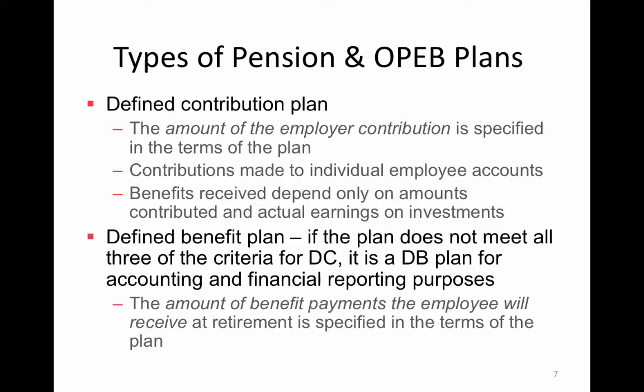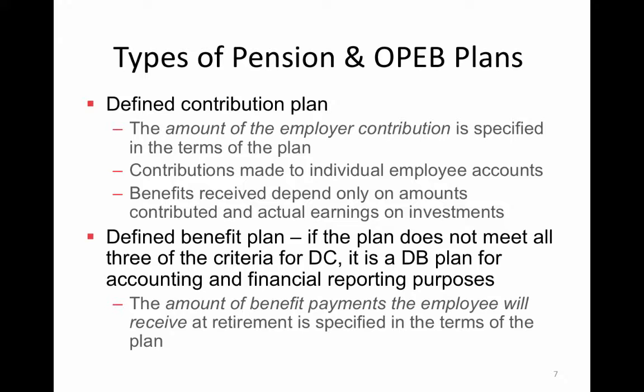On the other hand, and this is the type of plan we're going to be talking about for the rest of the lecture, defined benefit plans are all the plans that don't meet the definition of a defined contribution plan, don't exhibit all three of those criteria.